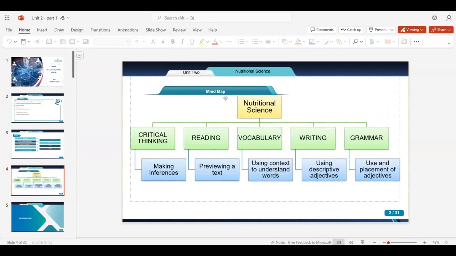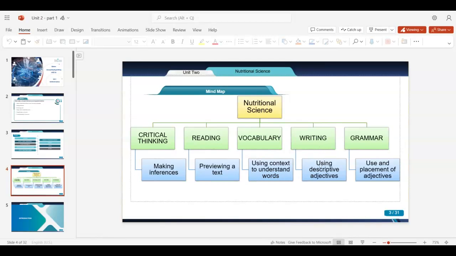You can see here the mind map, nutritional science. In this topic we will discuss critical thinking, and we use our reading, vocabulary, writing, and grammar. In critical thinking we think about making inferences, in reading we discuss previewing a text, and in vocabulary we go through using context to understand words.